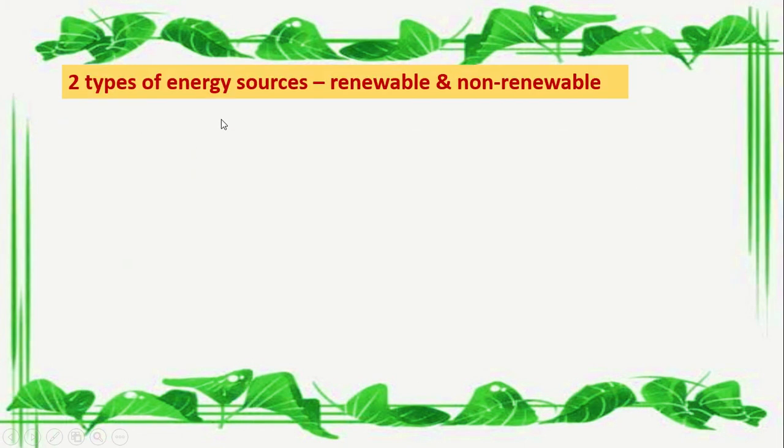There are two major types of energy sources: renewable and non-renewable. The modern world is mostly dependent on non-renewable energy sources. That means they use the fossil fuels. Fossil fuels are non-renewable energy sources because they are not infinite.